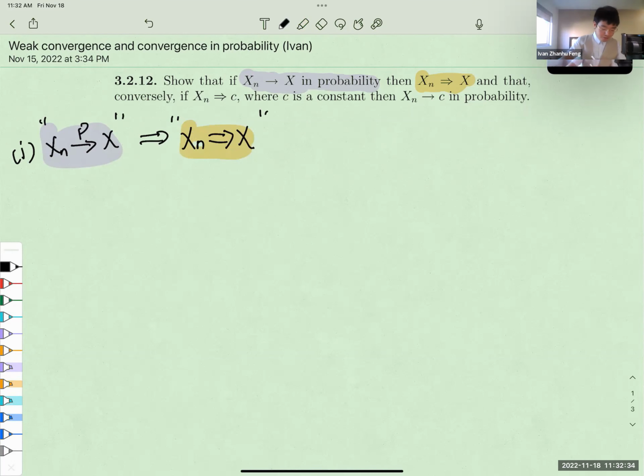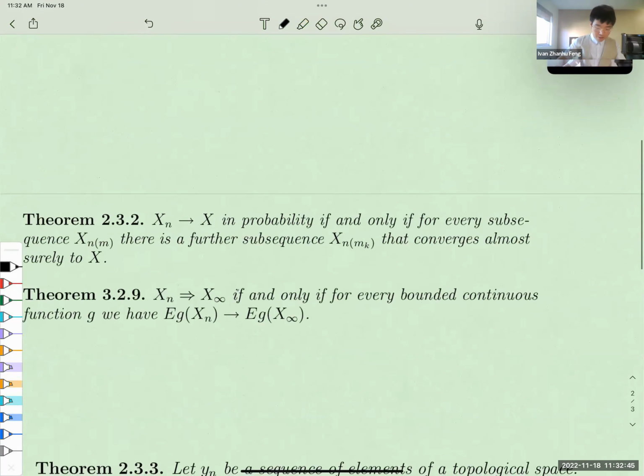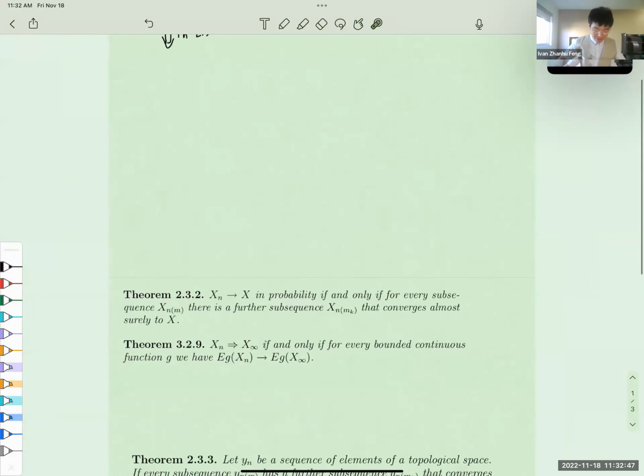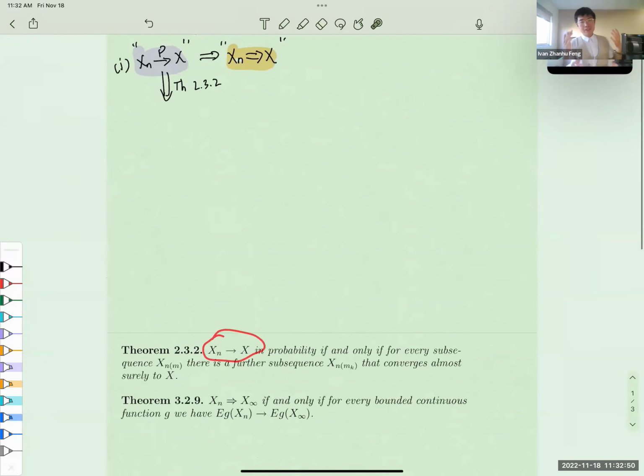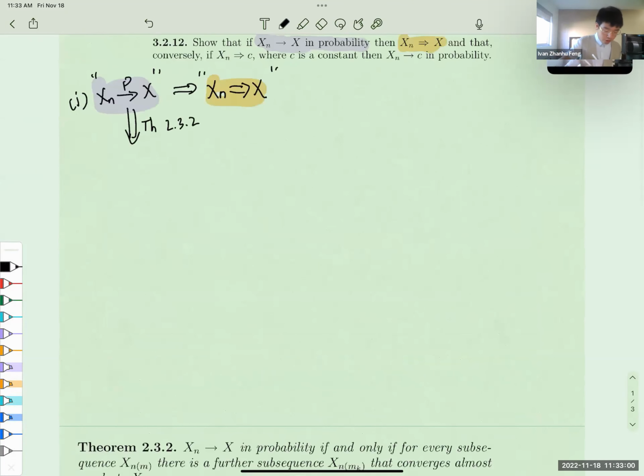All right, now let's invoke a theorem from Durrett's textbook. It's called theorem 3.2. I happen to have this theorem here. It says Xn goes to X in probability if and only if for every subsequence there exists a further subsequence that converges almost surely to the same limit. So let's copy this conclusion here. For any subsequence n_k, there exists a further subsequence.